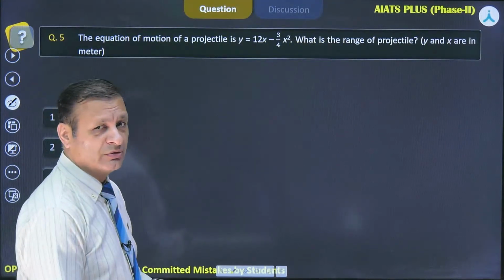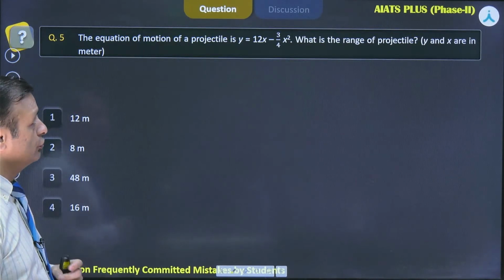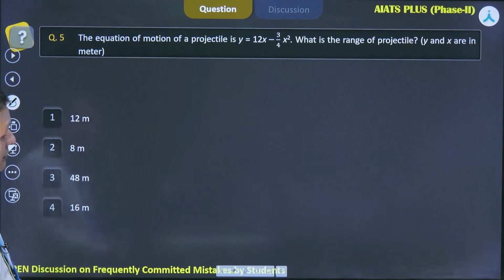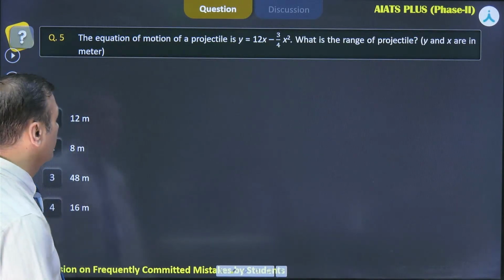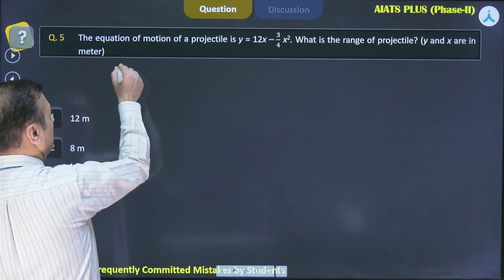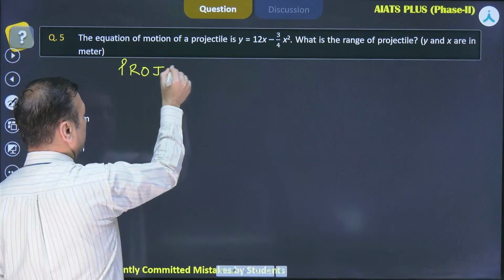Now this is the second question. The equation of motion of a projectile is given to you: y is equal to 12x minus 3 by 4 x square. What is the range of the projectile? So first of all, this is your projectile.